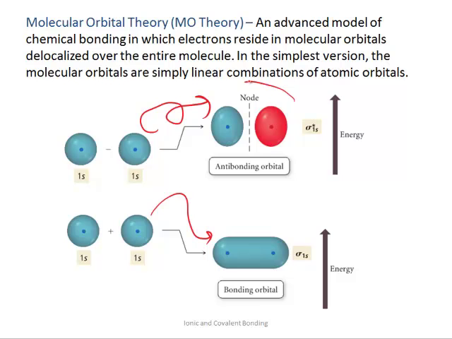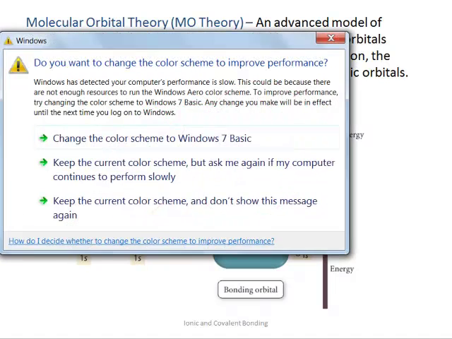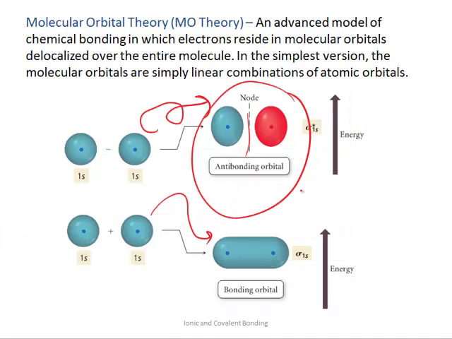The shapes of the orbitals change slightly, whether they're constructive interference or destructive interference. You can see that antibonding orbitals look like this, and they usually have a node in the middle. Bonding orbitals will take on a slightly different shape as well. But the big point here is that antibonding orbitals raise the potential energy of the interaction, and bonding orbitals lower that.